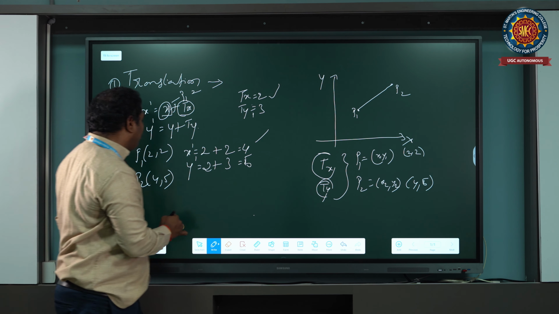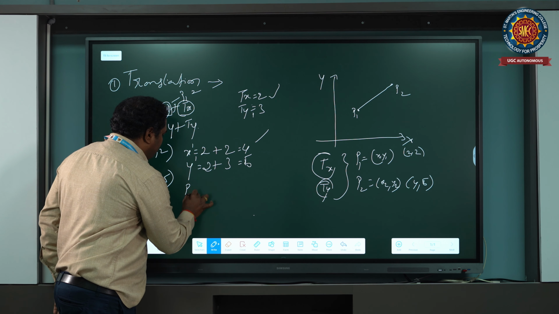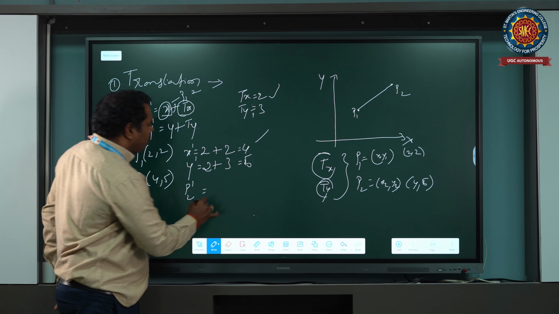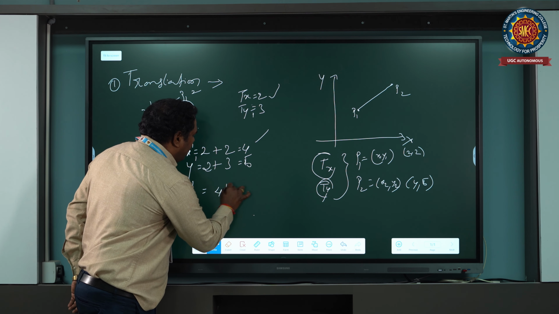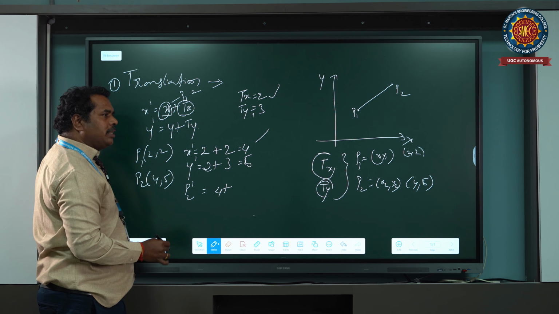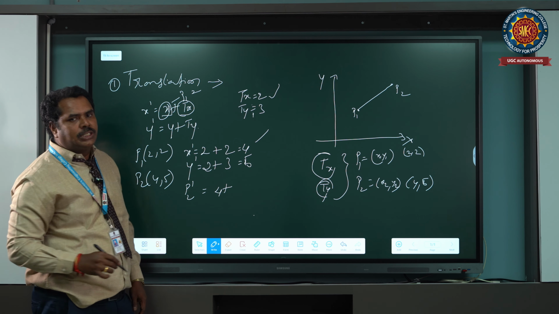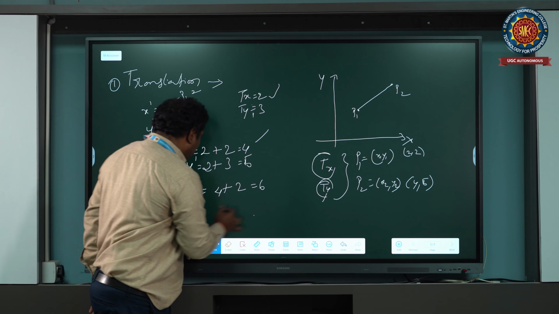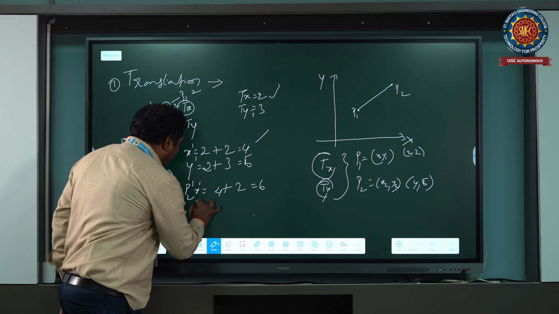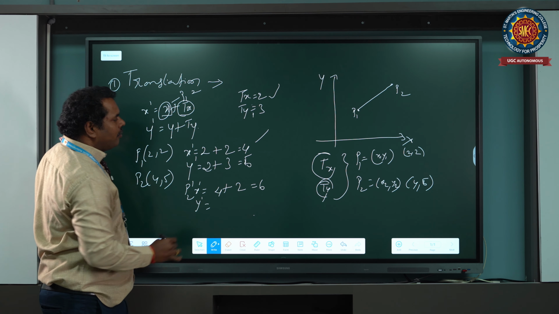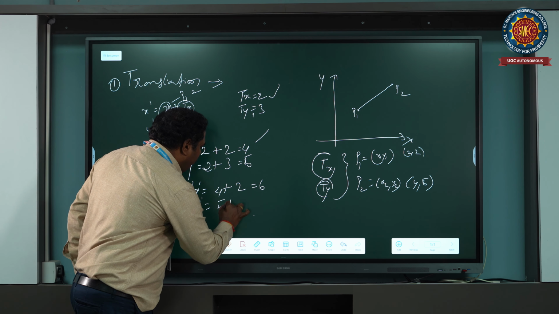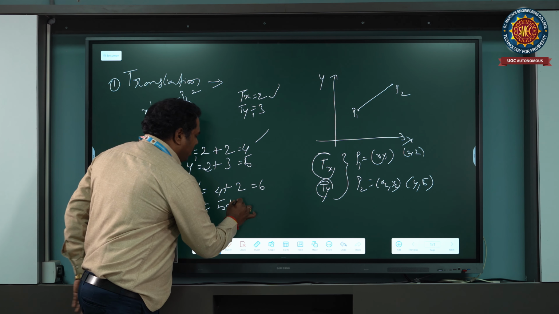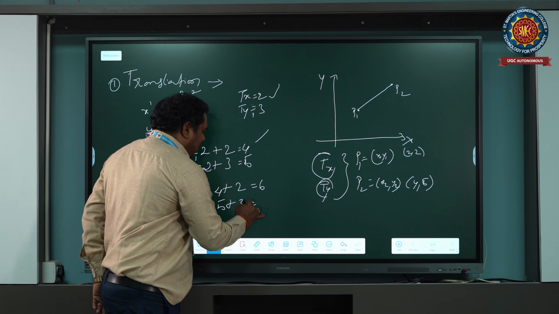Then again you need to find one more point, P2 bar. For P2 bar, the x value is initially 4, and for the second point also I give the translation distance of Tx equal to 2, so the value is 6. For y bar, the y value equals 5 and the translation distance is 3, so I will give 8.